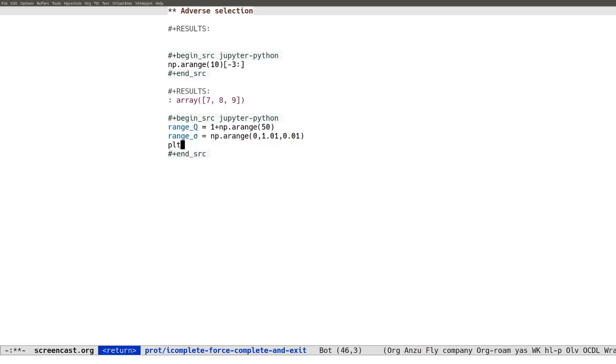So now I can plot insurance demand. I have to put this between square brackets, so we're going to have insurance demand as a function of sigma, and I want to know what insurance demand is for each sigma in the range of sigma. I'm going to plot this against the range of sigma, and let's say we plot demand in red.